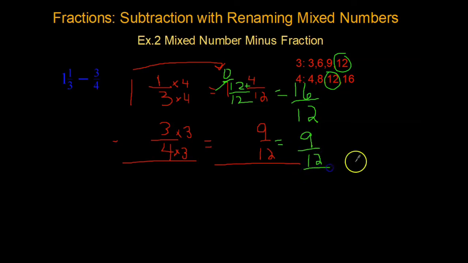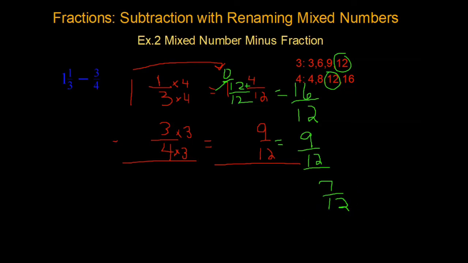So now we can subtract 16/12 and 9/12, and that is going to give us 7/12. We need to check to see if this is in simplest form. And I know that 7 over 12 is simplified. We can't get any simpler than that.